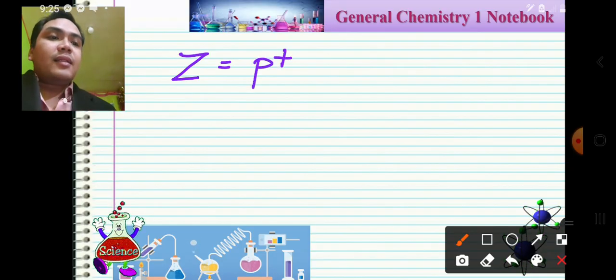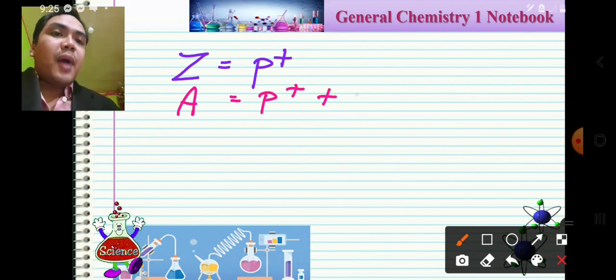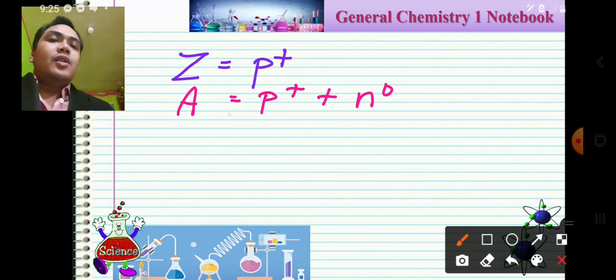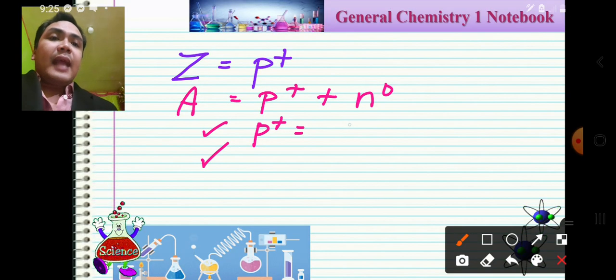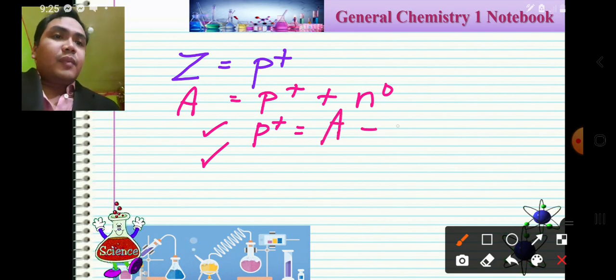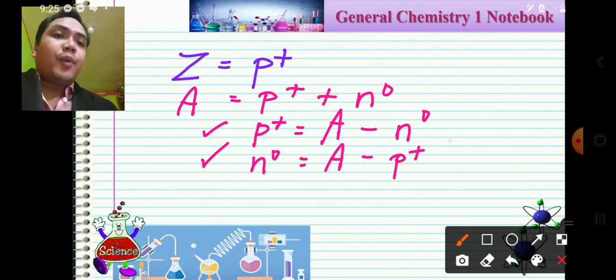And the mass number is the number of protons combined with the number of neutrons. Therefore, if we want to identify the number of protons of an element, that will be mass number minus the number of neutrons. If you want to identify the number of neutrons of an atom, the formula will be mass number minus the number of protons.